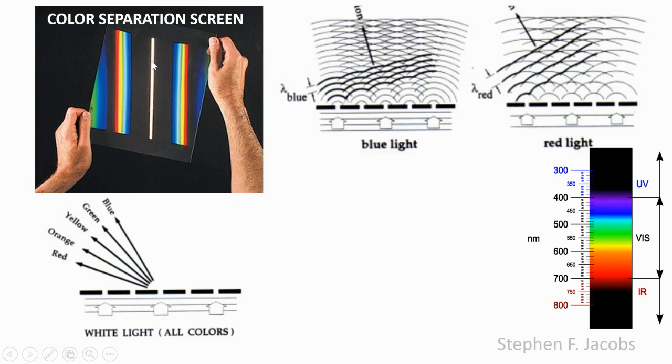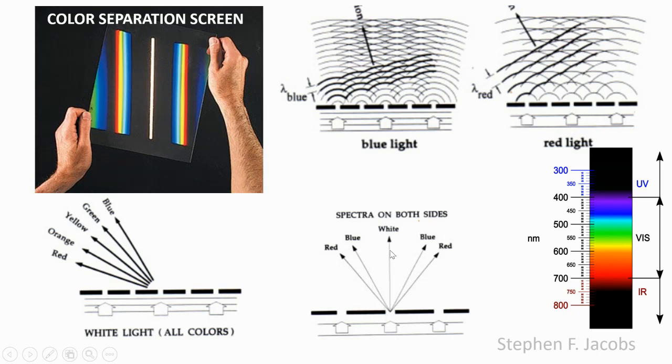Now what happened in this picture? We see the white light in the center, and we see the colors on the left side and the same colors on the right side, like they are mirroring each other. So we have the white light, and on this side blue to red, in this same sequence from the other side, blue to red.